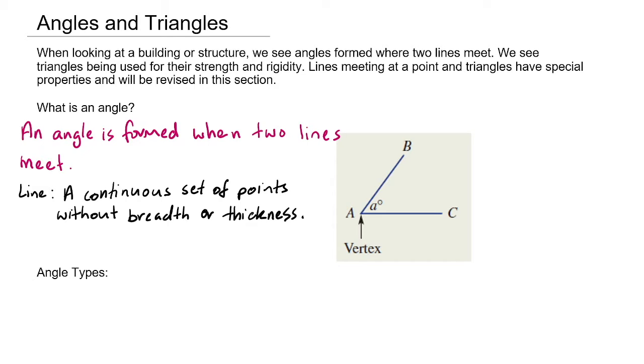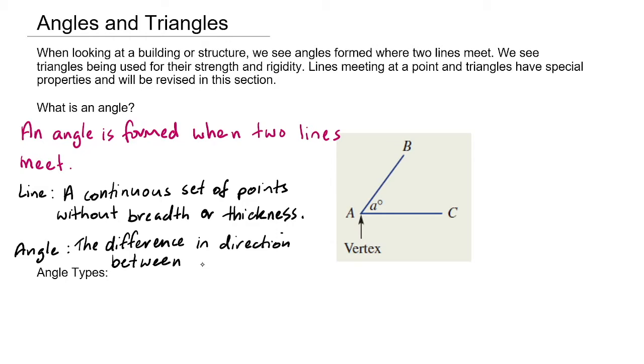So a line is literally just a whole bunch of points put in a row. The word breadth there obviously means width, as does thickness. And we can define an angle as the difference in direction between two lines.